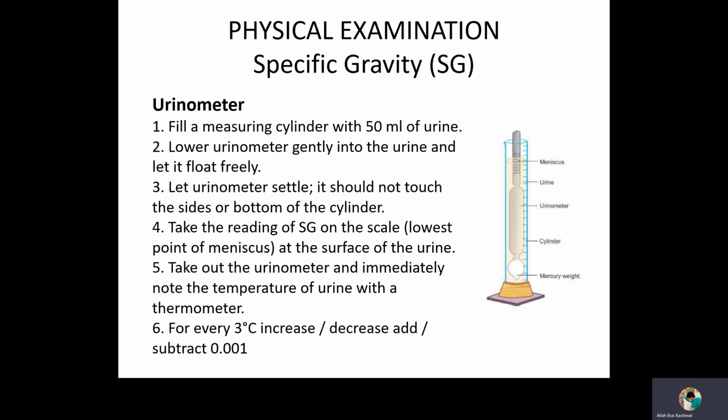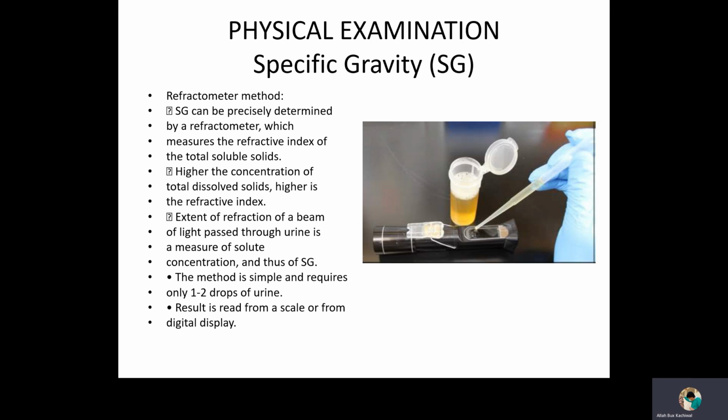Take the reading on the scale at the lowest point of the meniscus at the surface of the urine, then take out the urinometer and immediately note the temperature of the urine with a thermometer. For every 3 centigrade increase or decrease, you have to subtract 0.001 from the specific gravity reading.